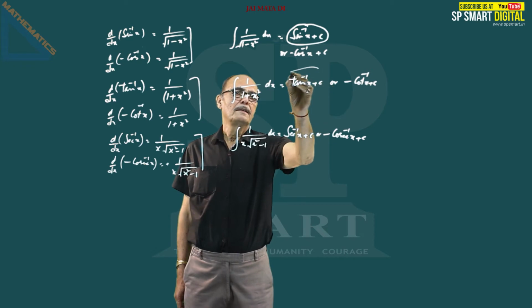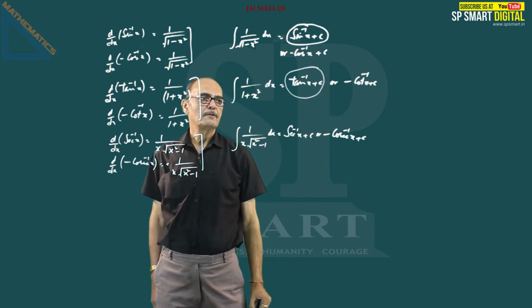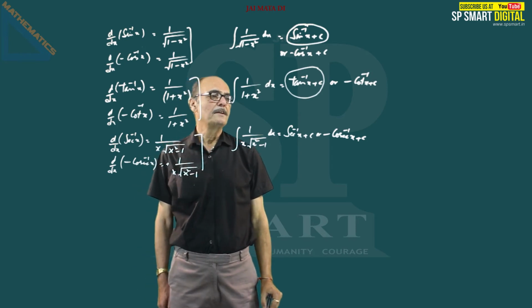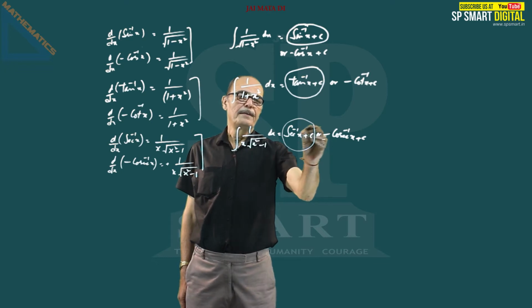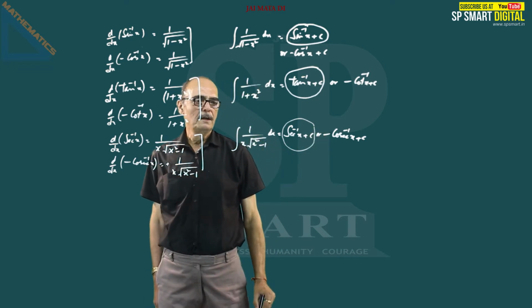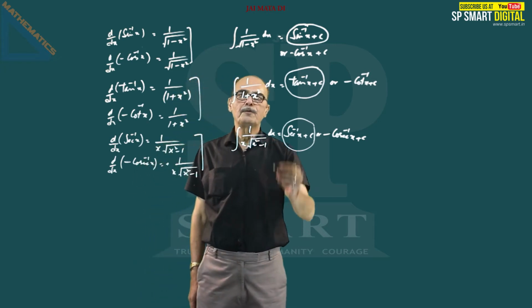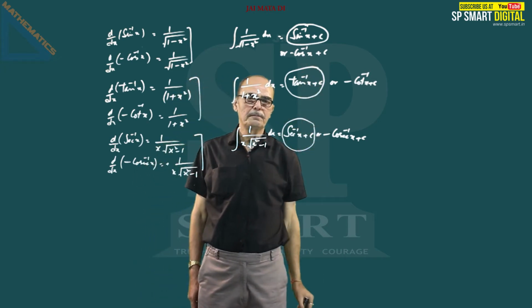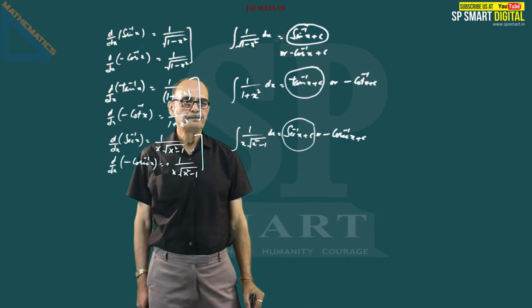Likewise, this formula is normally used as 1 over 1 plus x square dx as tan inverse, and the same in the case of integral of 1 upon x under root x square minus 1. Again, I will lay stress that these formulas can be established otherwise by substitution in the subsequent chapters.